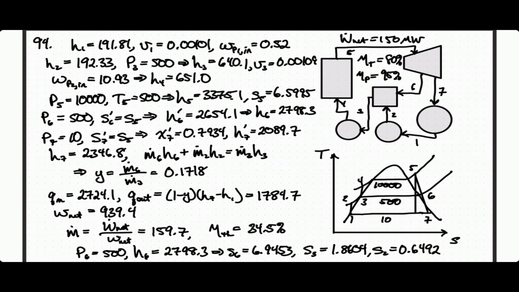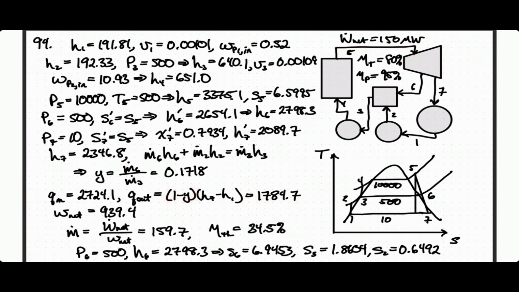Now we have enthalpies everywhere, so we can get the heat transfer in, from the enthalpy difference in the boiler, and the heat transfer out, from the enthalpy differences in the condenser. But we don't have the full flow through the condenser, so we need to get this on a per kilogram basis of flow through the turbine.